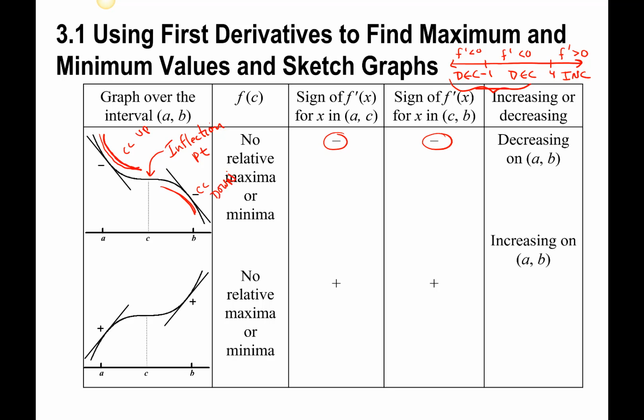So the concavity has changed. Now that's a second derivative issue, but the slope continues to be negative. Tell me what x equals 4 is according to what's written in the upper right corner of that chart. X equals 4 would be a what? Inflection point, relative minimum, relative maximum.